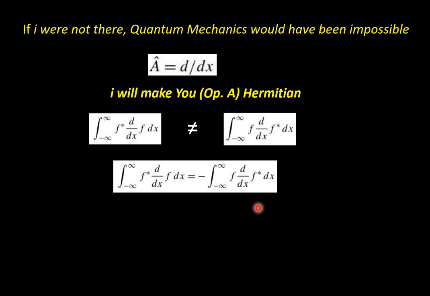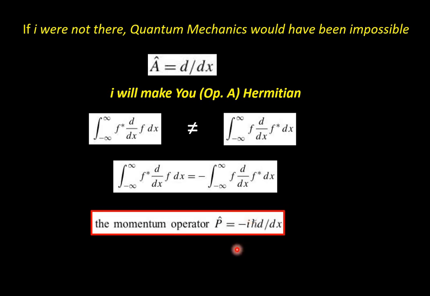It's as if someone is saying, okay, you are not, but I will make you Hermitian. So who is that person? It's not a person. It is i, here root over minus 1, right? That means we are talking about a different operator, which you know, the momentum operator. d/dx is not Hermitian, but if I multiply by minus i h bar, then it is a Hermitian operator.